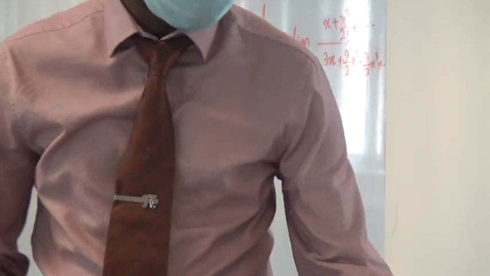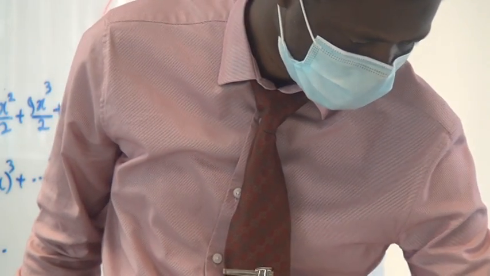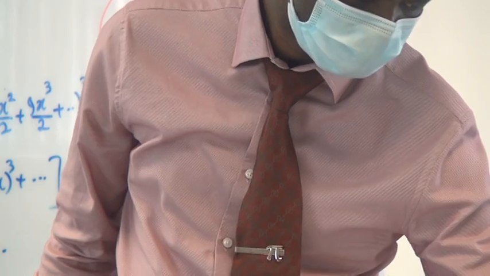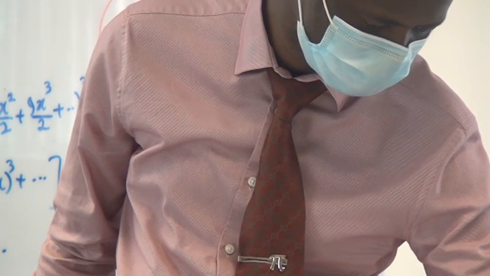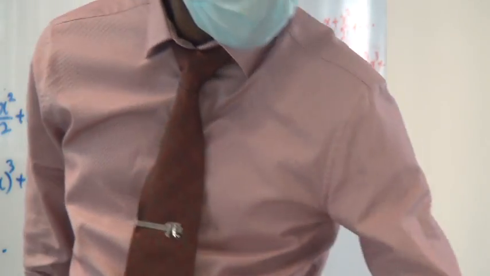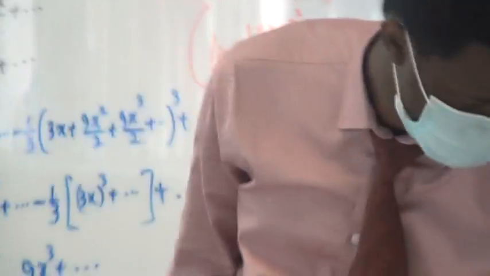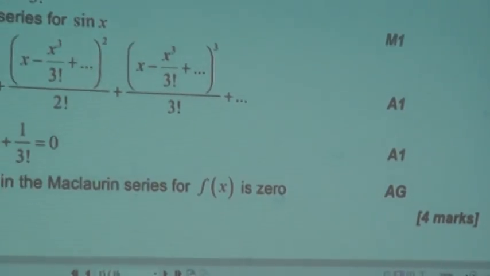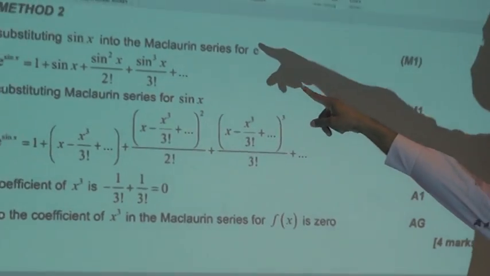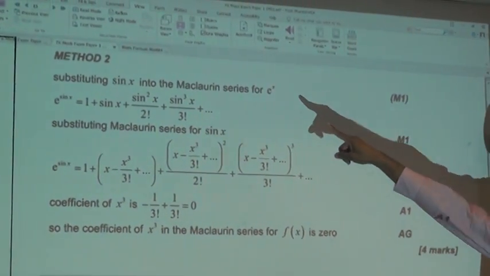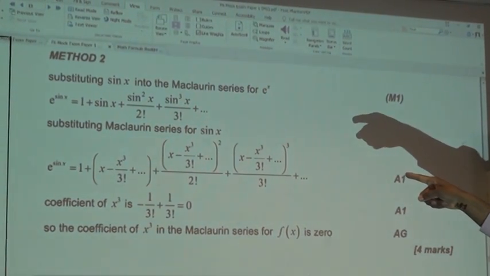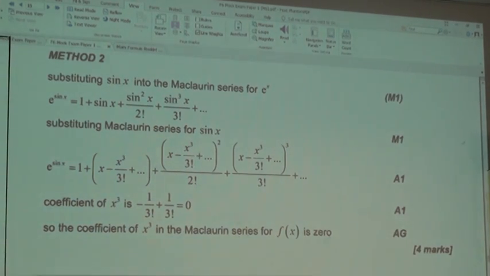Let's look at how the grading is allocated. We have talked about the expansion one. Now for this one, you can see clearly substituting x into the Maclaurin series of that. Wait, did I do this? Oh yeah, this is method 2. Oh, okay.